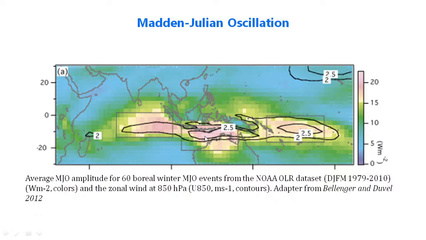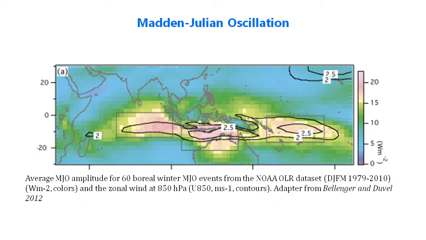So these two factors make this region specifically important. No other region is quite as important, because this region has 60% of the variability. So 60% of the variability comes from this region. That is the most important region.